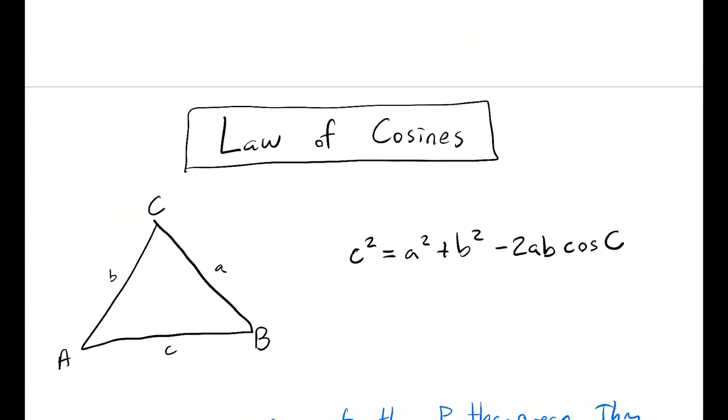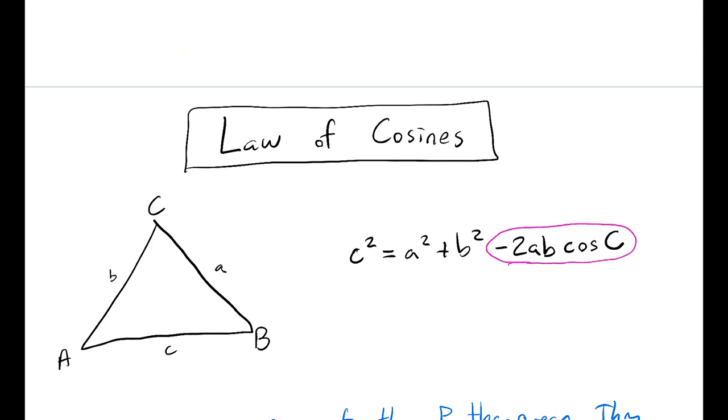So the law of cosines is right here. It's c squared, so the hypotenuse, or in this case, any side, because it doesn't matter which way you orient your triangle. So any given side is equal to a squared plus b squared minus 2ab times the cosine of c. Now it just happens that in a right triangle, this term ends up being 0 because the cosine of 90 degrees is 0.